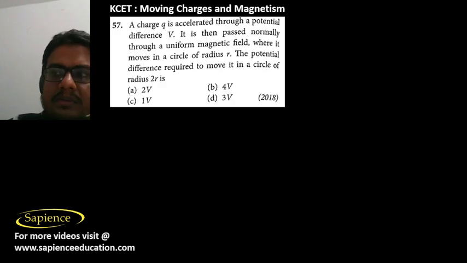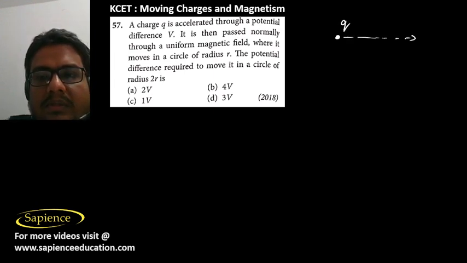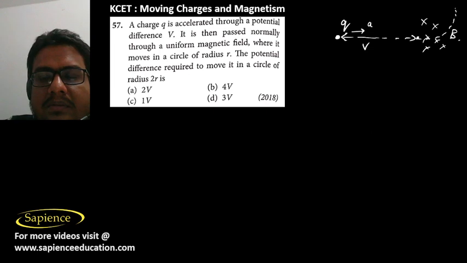Question number 57, it is told a charge q is accelerated through a potential difference V. There is some potential difference V and it is having some acceleration. It is then passed normally through a uniform magnetic field B, where it moves in a circle of radius r.